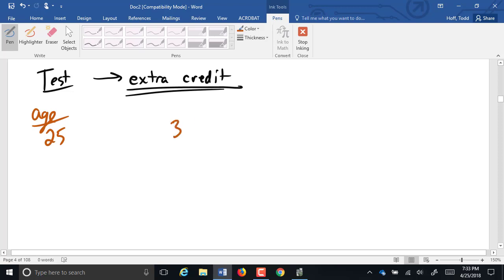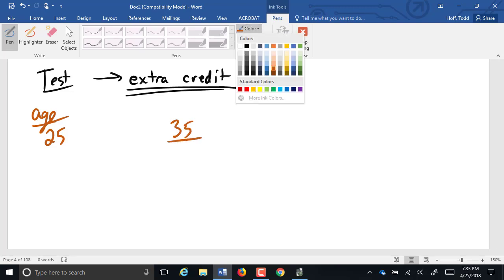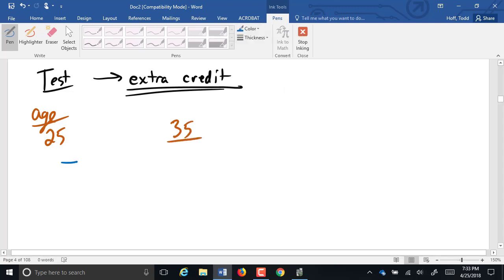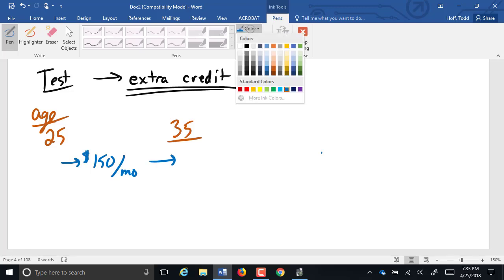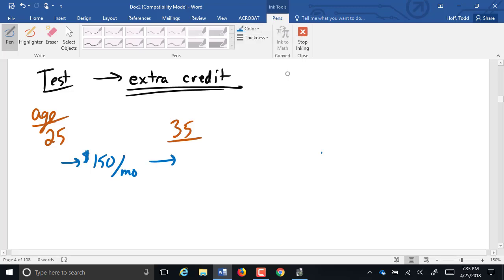From 25 to 35, you save what you can. You save $150 per month. During that time, you go for broke, you go for a risky investment, say, screw it, I'm young, you go for a 15% investment.